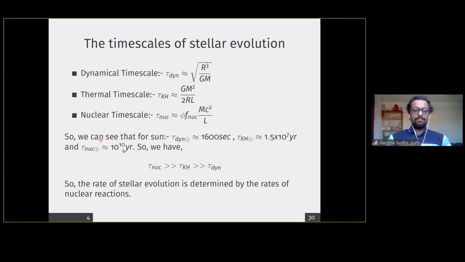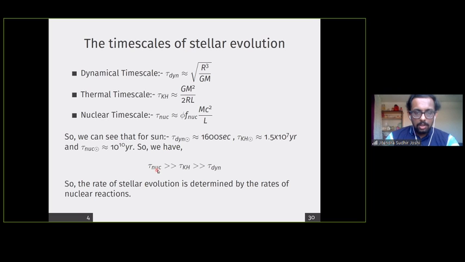So we can see that the nuclear time scale is much greater than the thermal time scale, which is much greater than the dynamical time scale. Also, I should mention the thermal time scale is also called the Kelvin-Helmholtz time scale, so that's why we have this subscript KH here. And as the nuclear time scale is much greater, the rate at which stars evolve is determined by these nuclear reactions.